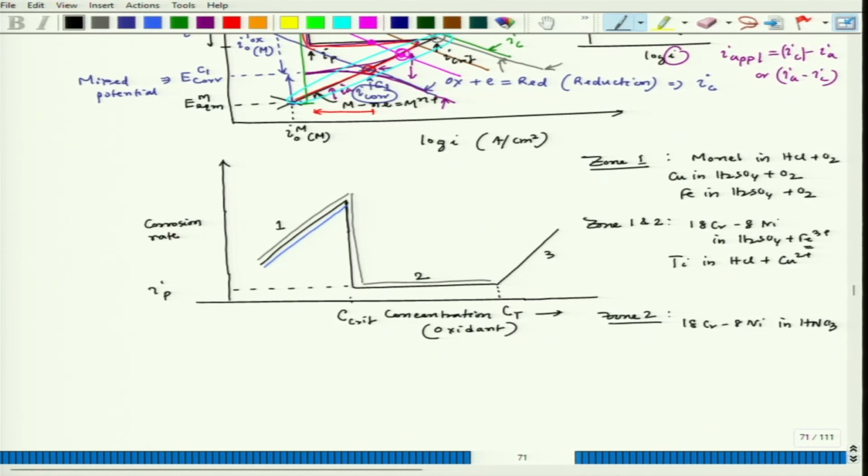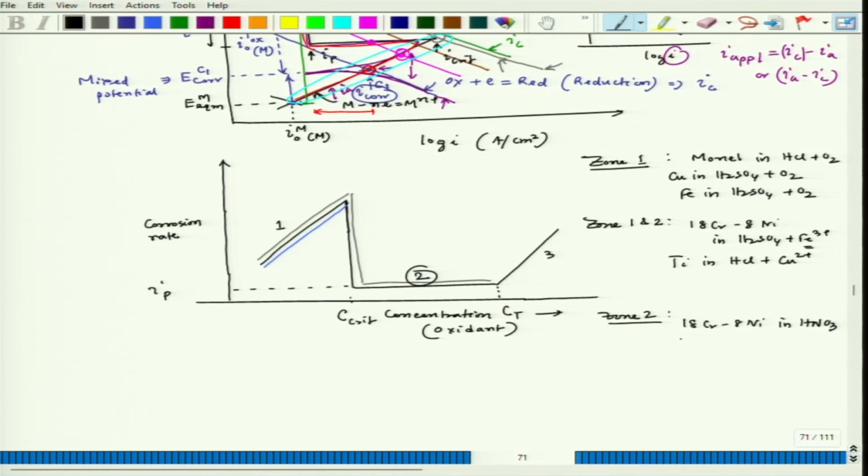Since HNO3 is a strong oxidant and it breaks into nitrous oxide or nitrogen oxide, N2O or NO2, as well as H2O, depending on the concentration of HNO3. As we increase the concentration, its oxidizing power also increases. Now, in this medium, this particular 18-8 stainless steel immediately passivates. It takes no time to reach passivation. So, that means it reaches this zone 2.